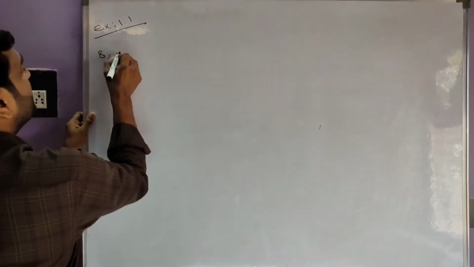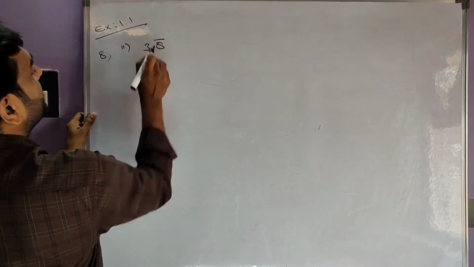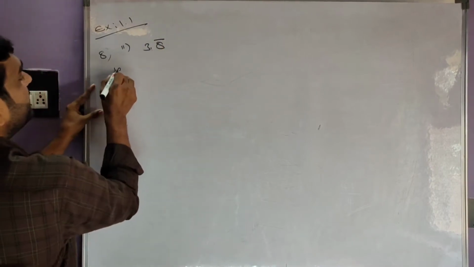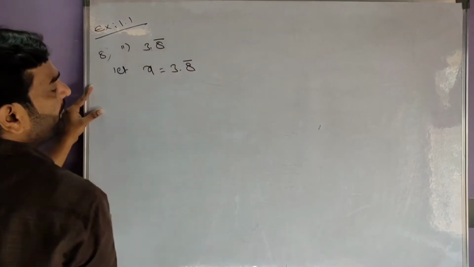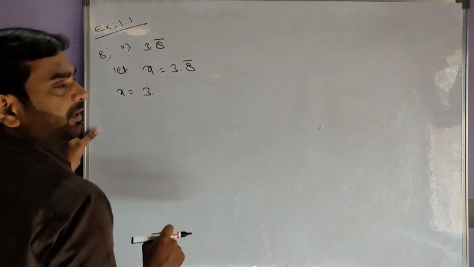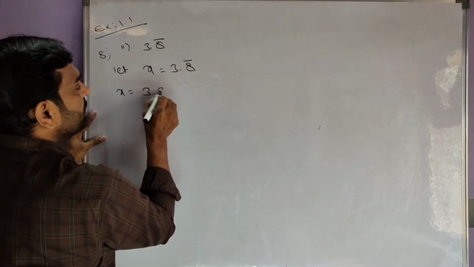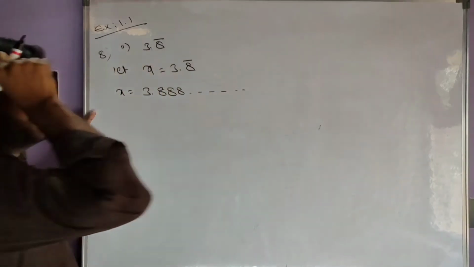Eighth bit, second problem. 3.8 bar. Let x be 3.8 bar. It can be written as x is equal 3 point, 8 bar, so 8 is repeating: 8, 8, 8, 8, 8, 8 and so on.